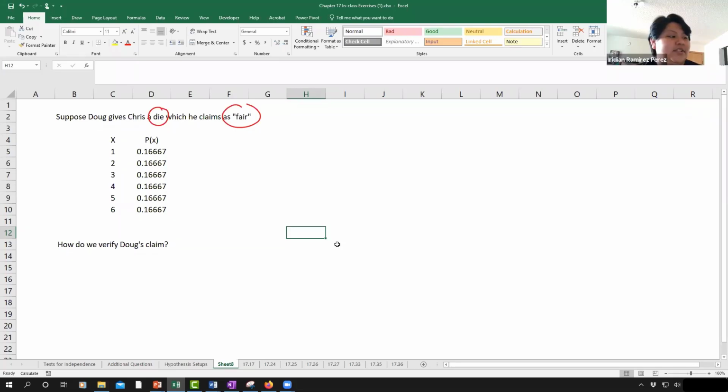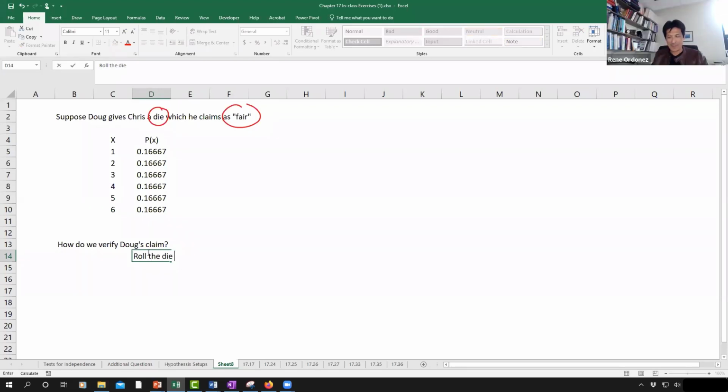In this case, wouldn't it be fair to roll the die a couple of times, and then do a hypothesis test on whether there's a difference from what should be the average? Yeah, okay. So you said roll the die a couple of times.